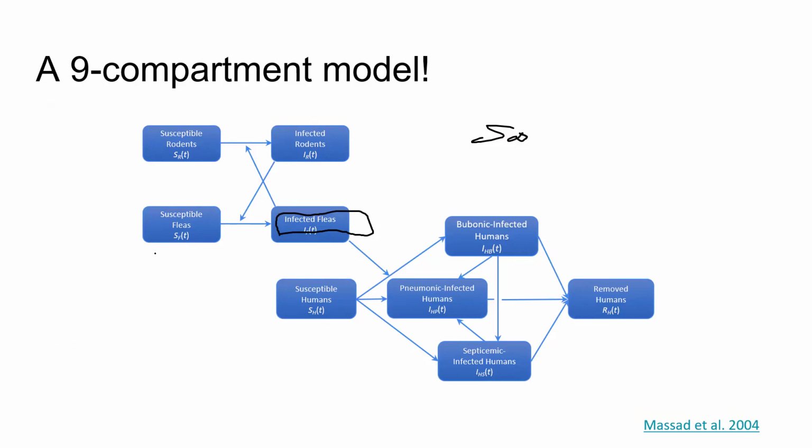So when we consider all the susceptible and infected parts of this puzzle, it's not just enough to figure out how many humans are susceptible or infected, but also the number of rodents and the number of fleas that are susceptible and infected. All of these pieces have to be fit into the model, right?